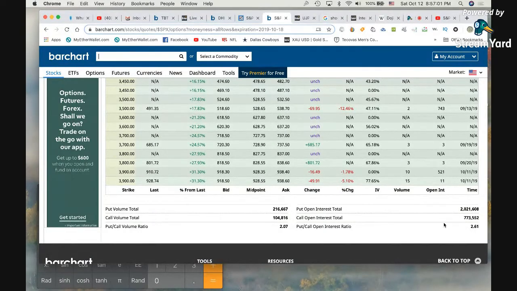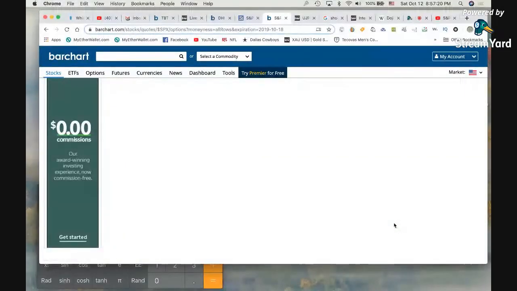And this is for an option that expires Friday. And we're talking about a market that ended positive on a Friday. But the options market is saying we're not buying it. And it was right before and at calling that downturn.